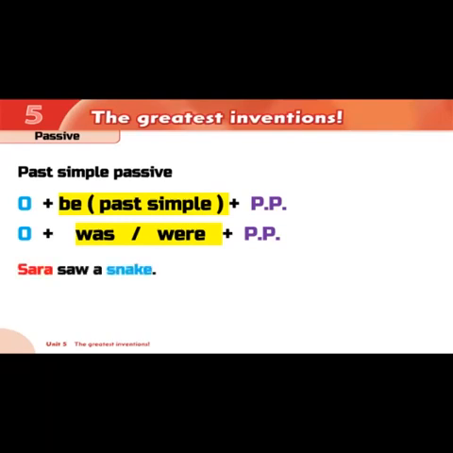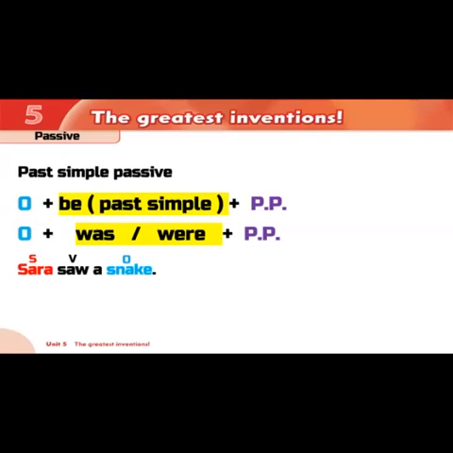Let's take an example. Sarah saw a snake. This is an active sentence. We want to put it in the passive. We have here Sarah is the subject, saw is the verb, a snake is the object.